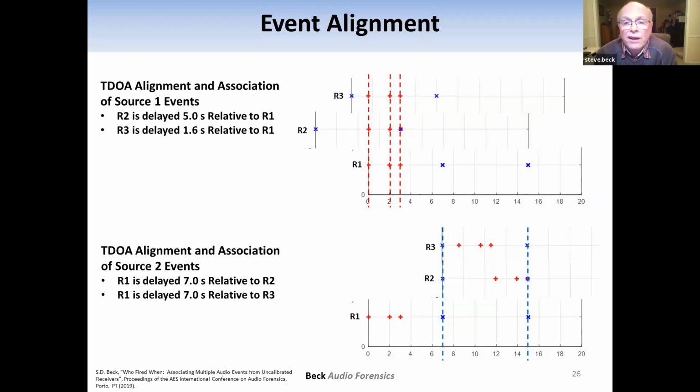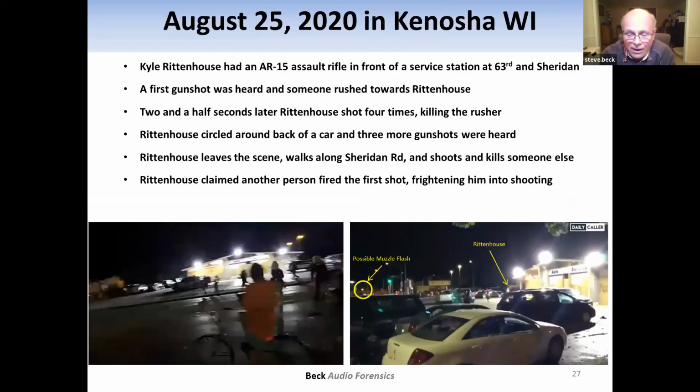So the top one shows that I'm aligning all the events from source one. And then by shifting them differently, I can align all the events from source two. Now that we have the theory and we've seen that it works in a simulation, can we apply it in a real case?